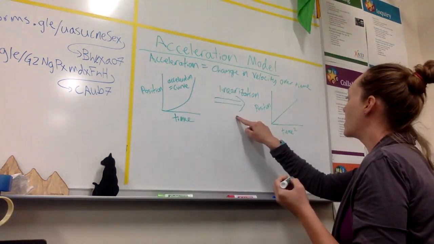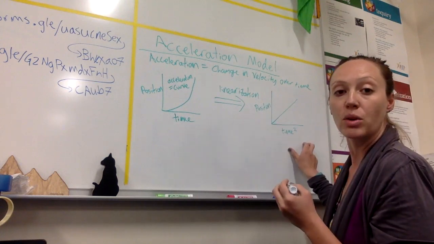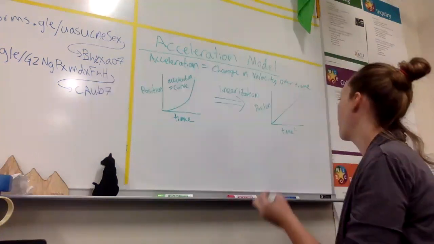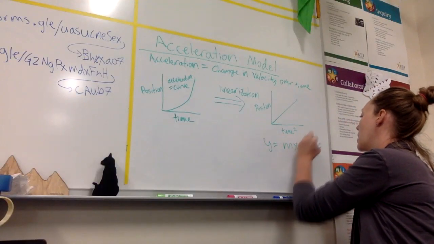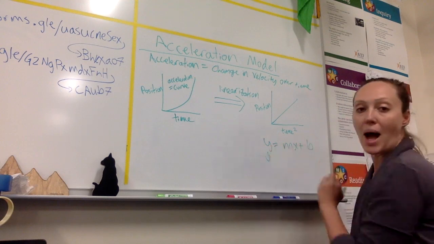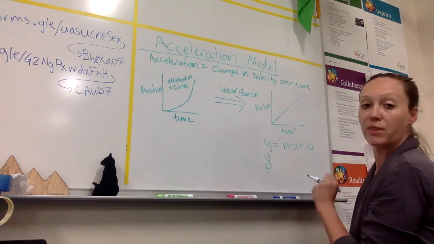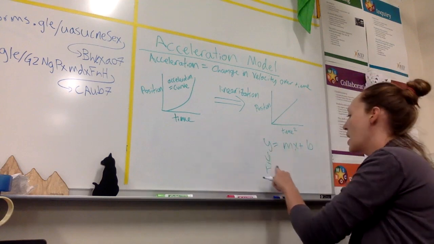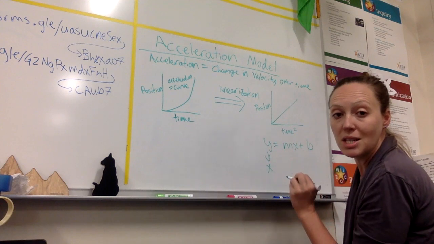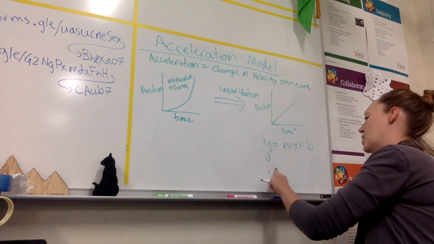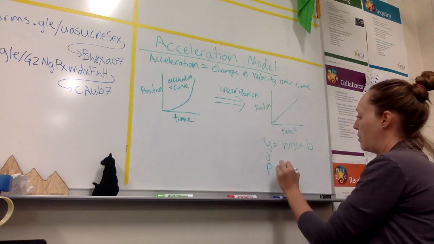So we linearized it to be position versus time squared, and then from here, we came up with a mathematical model. We start with y equals mx plus b. The y turns into p for position; AP students, you should probably use x for position, but I'm going to go ahead and use p in these notes.